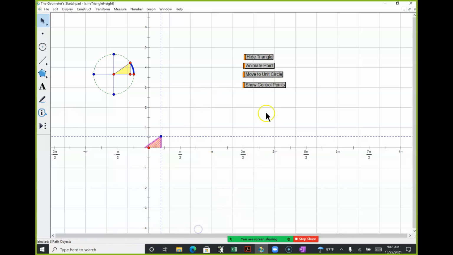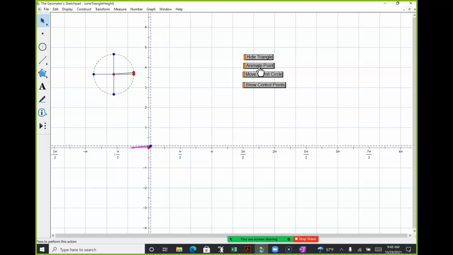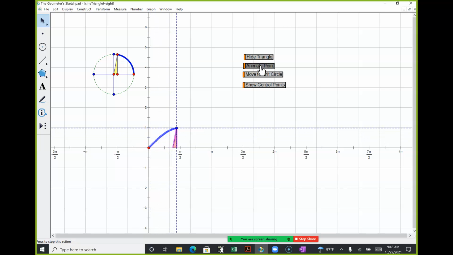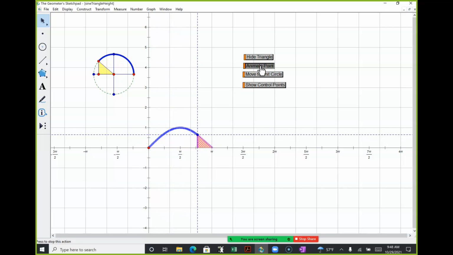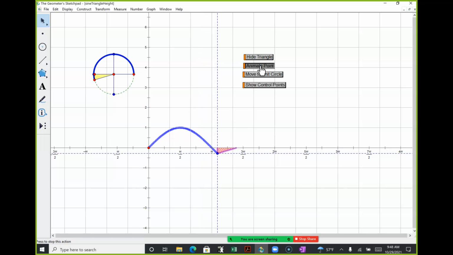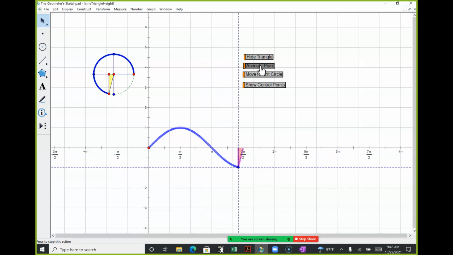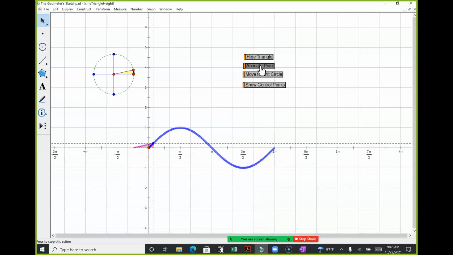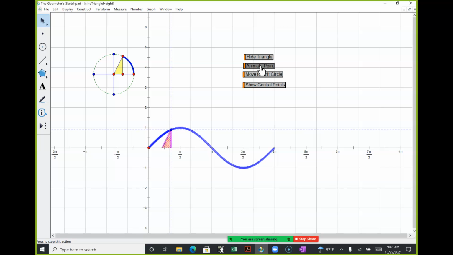Oh, animate. Here it goes. So you can see my triangle moving in the circle, and that projected triangle down onto the graph, and I'm tracing the height of that triangle as I go. And there's my sine curve.